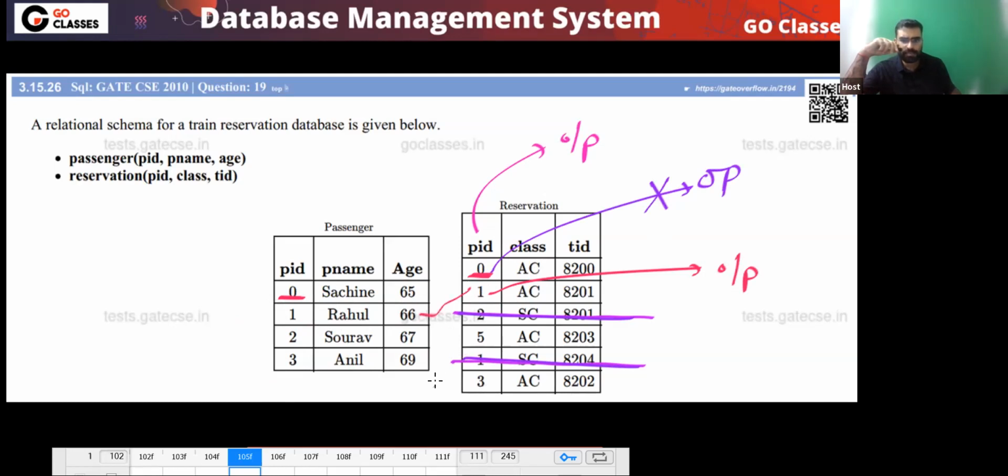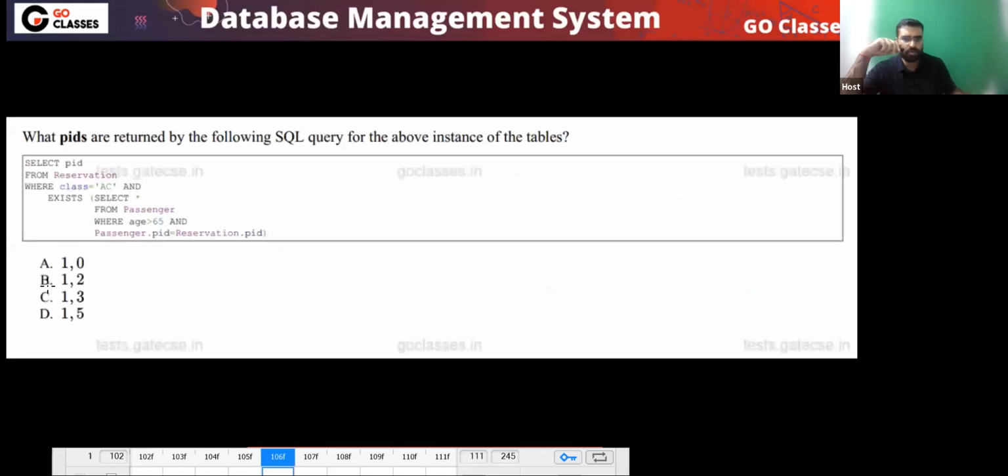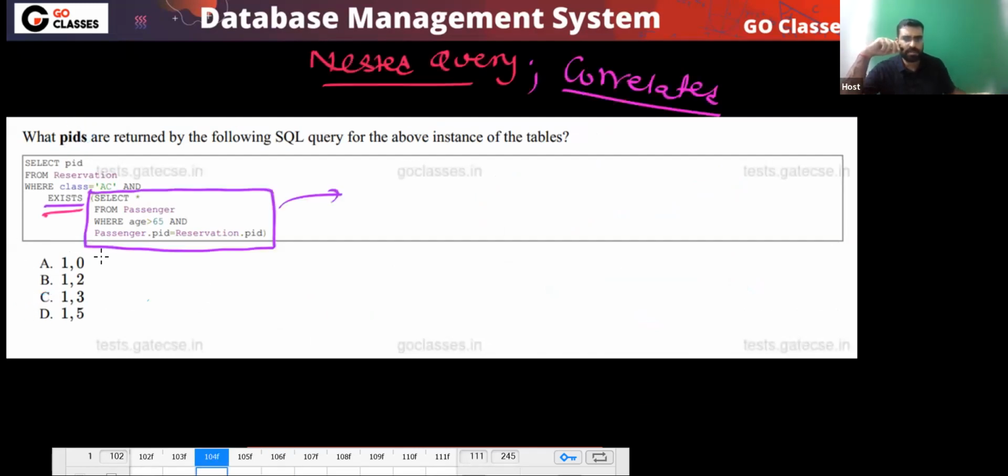Next, this will also come in the output. So only these people will come in the output. The answer will be 1,3. What PIDs are returned? The answer will be option C, 1,3.